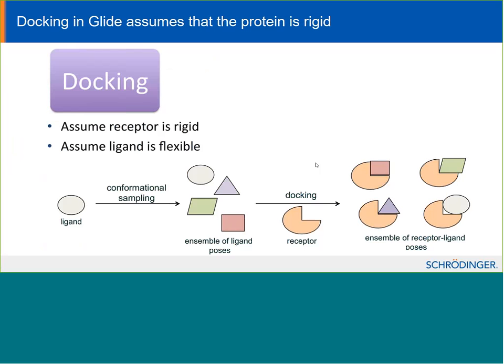is rigid. So we perform conformational sampling, as you can see in the image below, on the ligand as it goes through the GLIDE filter, and we have different distinct ensemble of ligands, and we generate poses for them, and we dock to the receptor.